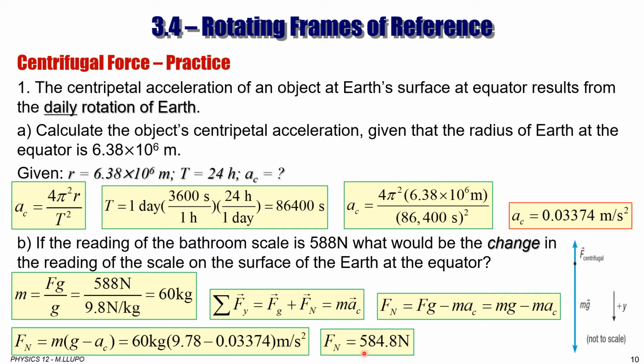Now, if you are the same person, same scale, but now on an equator surface, then you see the difference now is 3.2 Newton. It's not a big difference per se, but it's like 350 gram or something.